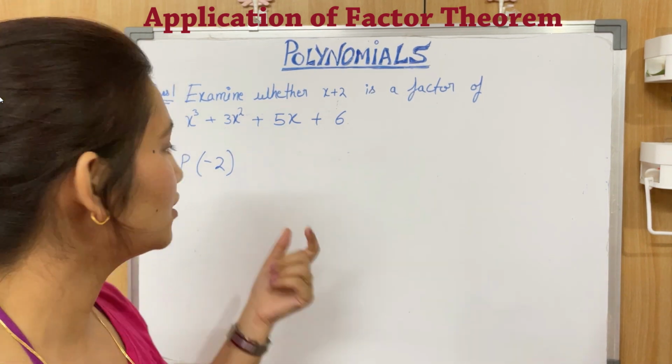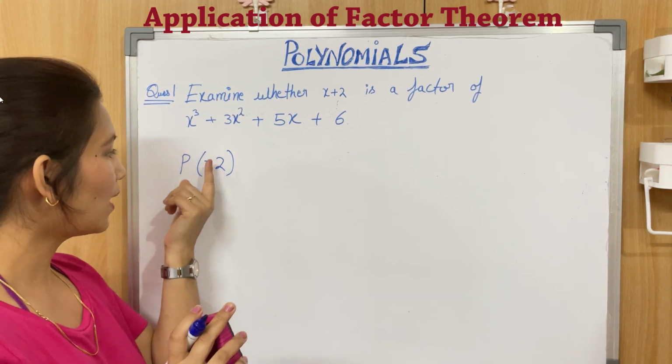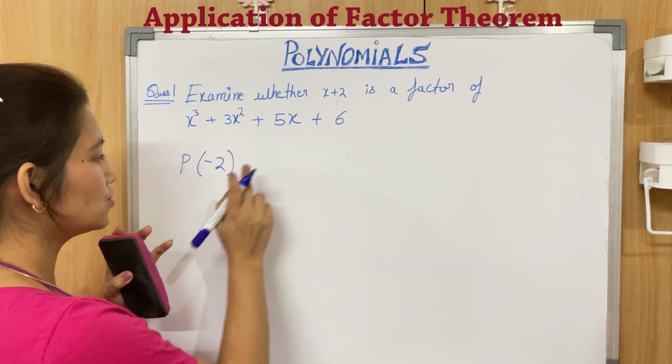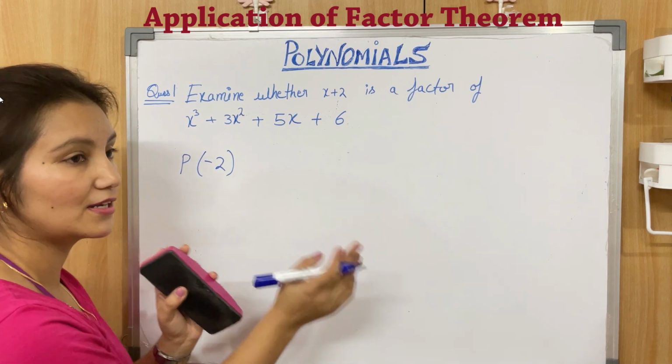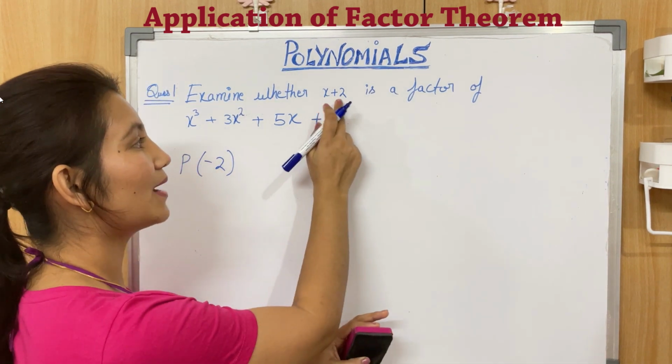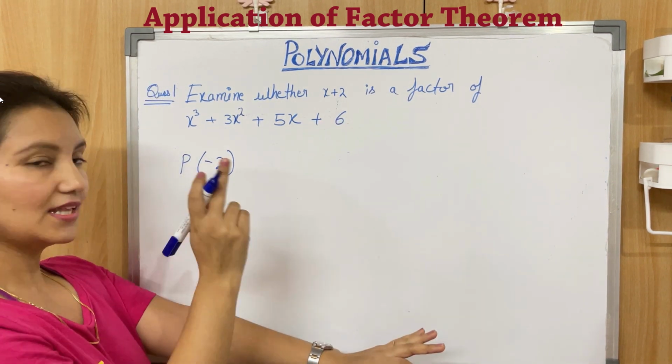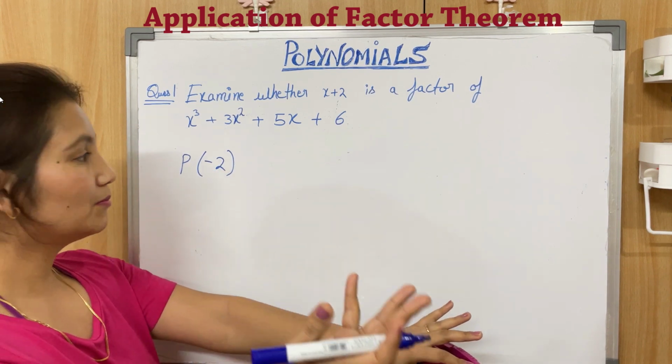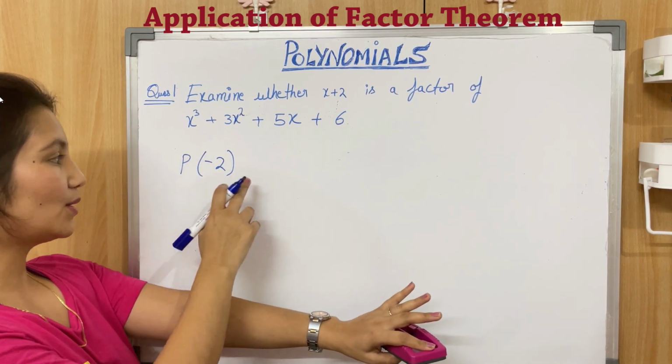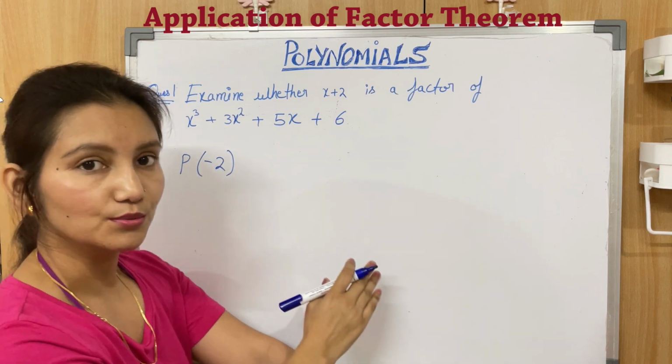So we need to find out p(minus 2). Why minus 2? Because it's x plus 2. Had it been x minus 2, in that case we would have found p(2). Clear?